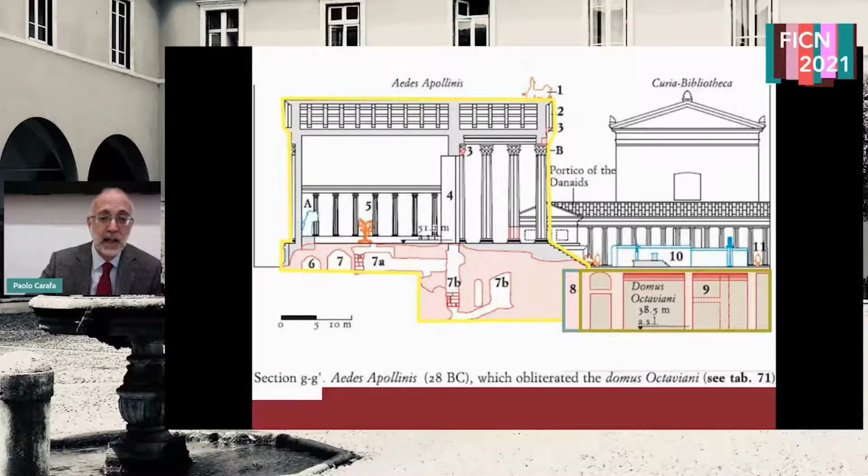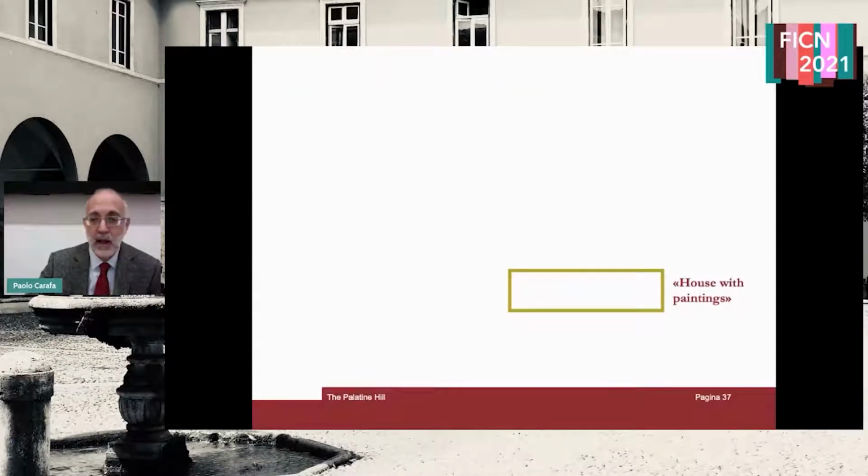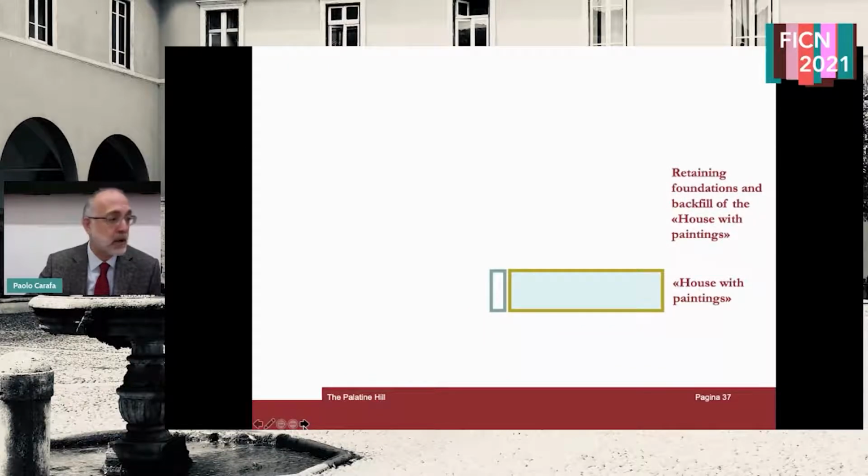Therefore, we can tell that the house was there. This house was surrounded by retaining foundations, backfills, and then over all this, a new palace was created with a temple in it.